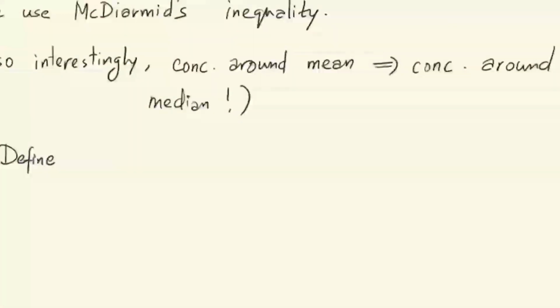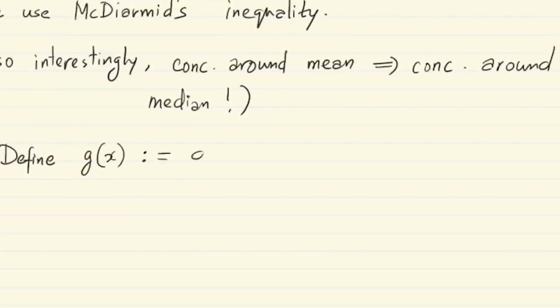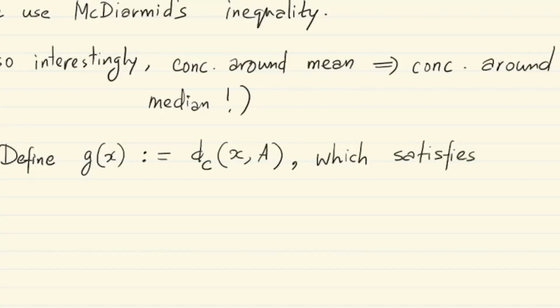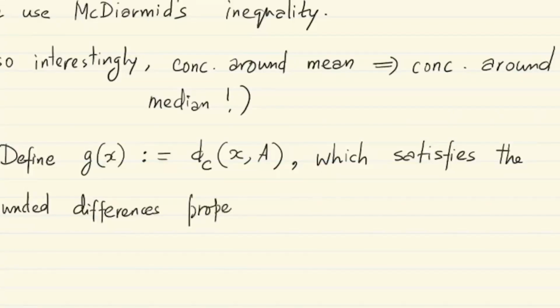So let us define g of x, just as we did with the converse to Levy's inequality, as the c distance of x from the set A, which you can check satisfies the bounded difference property with coefficients c.